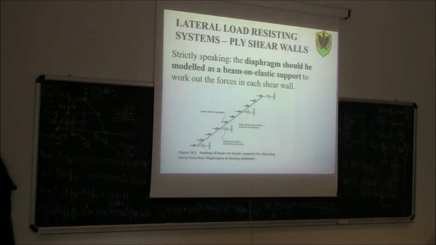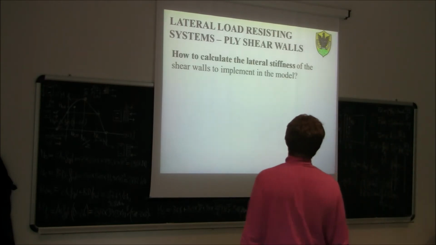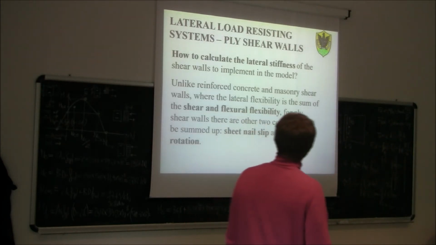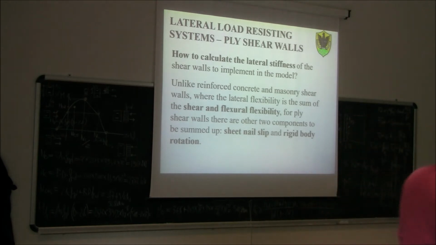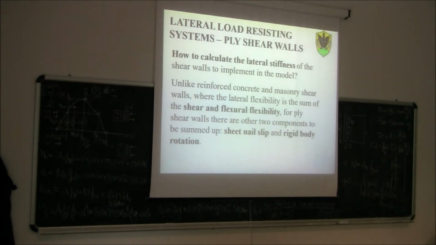Now, in order to understand the stiffness of this spring, so the stiffness of the vertical walls, I need to see what the different components of flexibility in a shear wall are.